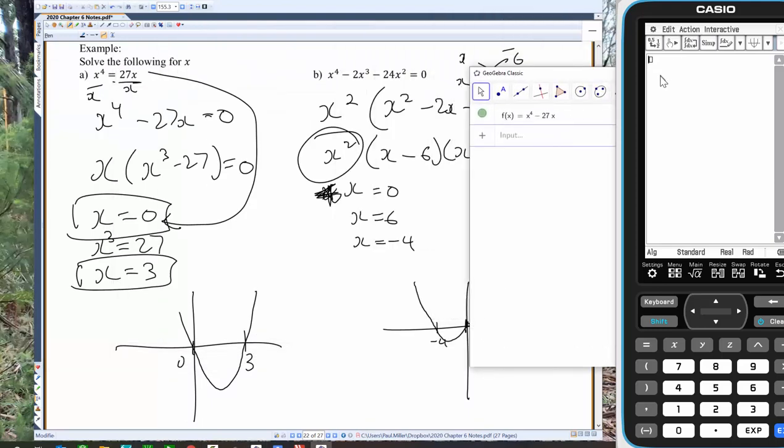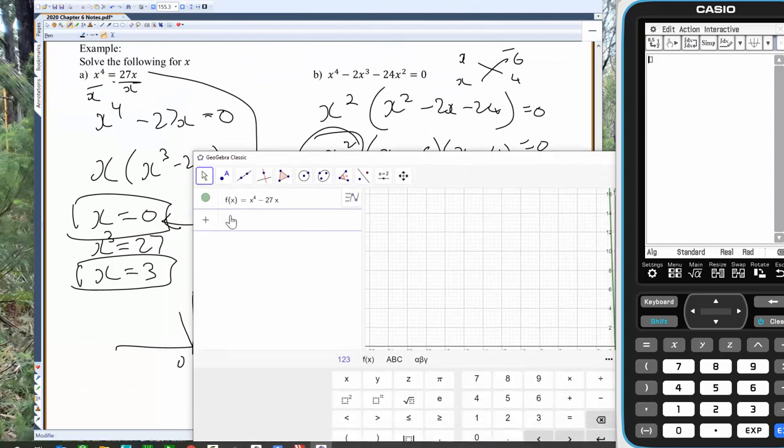g of x equals x to the 4 take 2x to the 3 take 24x squared. Oh my goodness, this is a new version of GeoGebra, so I'm sorry I'm so clumsy with it. X to the 4, take 2x to the 3, take 24x squared.